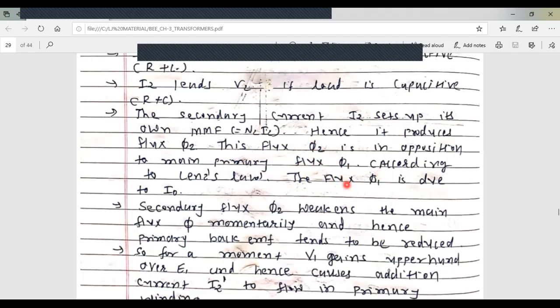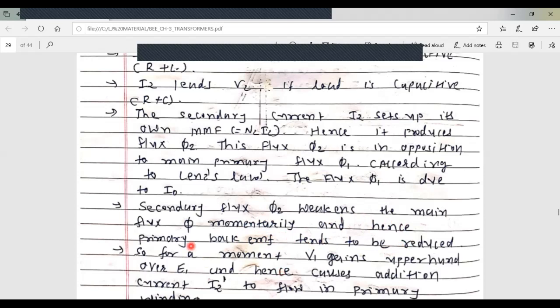So according to Lenz law, we know that flux phi1 is due to the main current I0 which is flowing in the primary winding. Now see here what will happen. Secondary flux phi2 weakens the main flux and hence primary back EMF tends to be reduced.